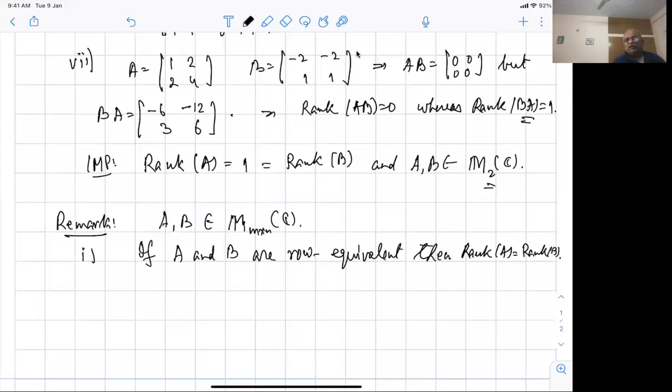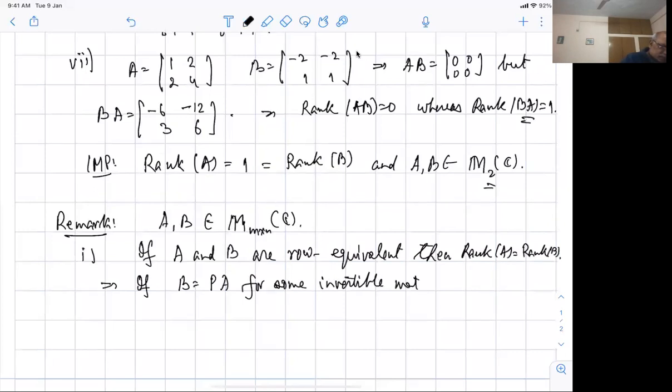Because if they are row equivalent, their RREF will be the same, and hence the number of pivots will be the same, fine. As an implication, if B is equal to P times A for some invertible matrix P, then the rank of B is the same as the rank of A.